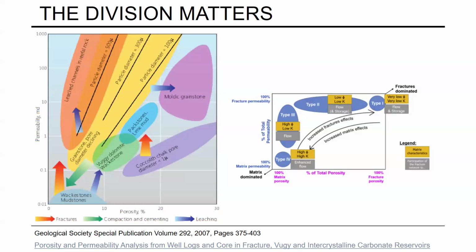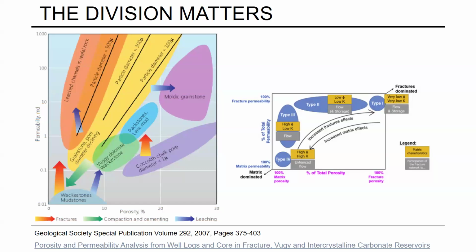So this is also very important when we are trying to understand fractures and do modeling: what kind of lithology and carbonate division are we in, and what can be the contributing factor in this particular case.